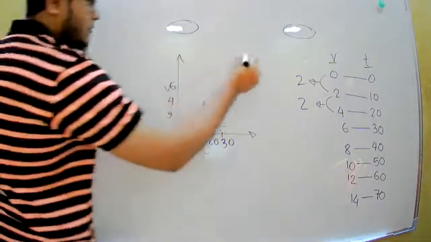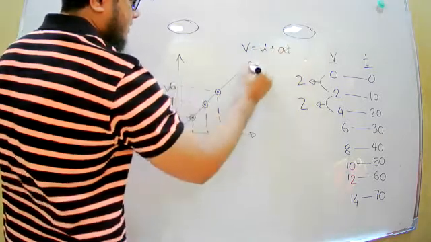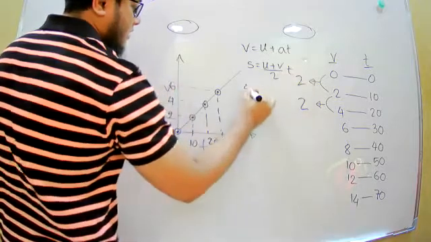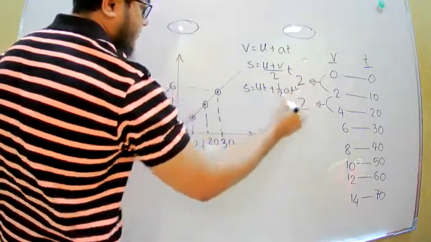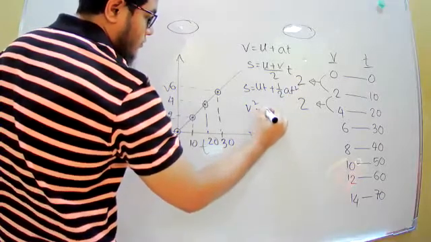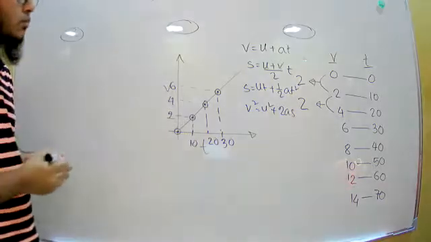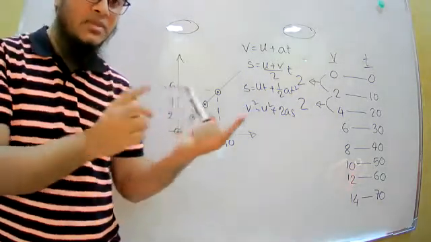We use one of these four: v equals u plus at; s equals (u plus v) divided by 2 into t; s equals ut plus half at squared; then v squared equals u squared plus 2as. One of these four equations, inshallah, we are going to use to calculate the distance.